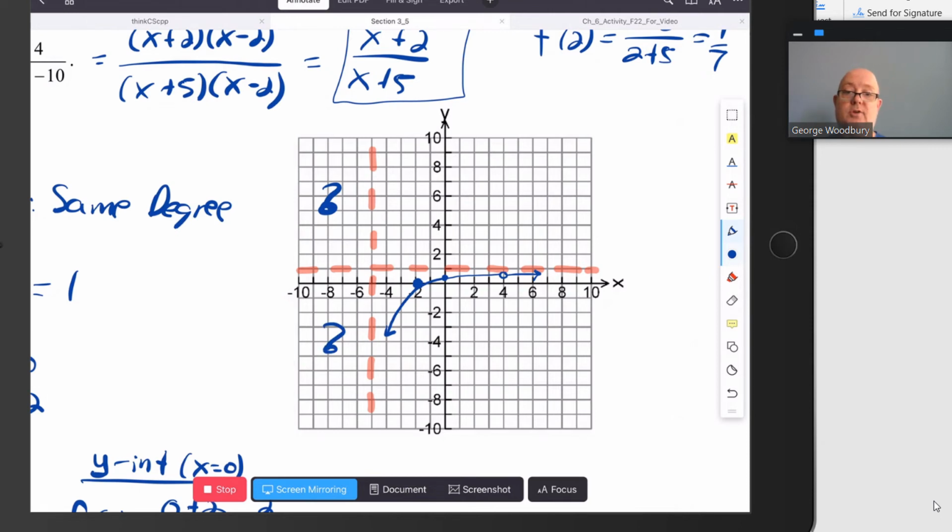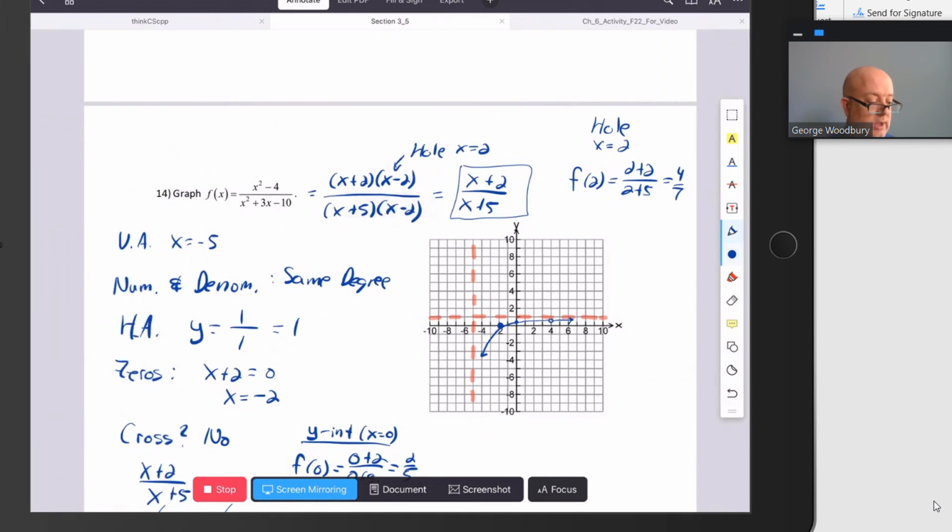That's what we're trying to figure out next. One thing that we know is that there are no more x-intercepts, and it doesn't cross the horizontal asymptote. So it can't cross anything to the left of that, meaning it's not below, but it's going to approach that line. So those two things are contradictory.